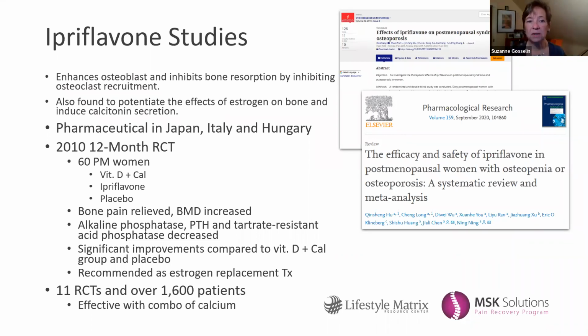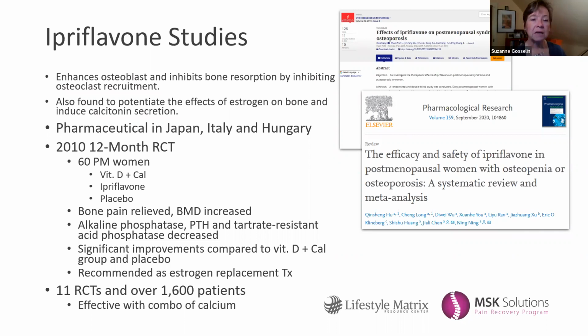What they found is that the bone pain these women had was relieved, and that their bone mineral density increased, with significant improvements compared to either the vitamin and calcium group or the placebo. So much so that in other parts of the world, they use ipriflavone as a safe estrogen replacement treatment.